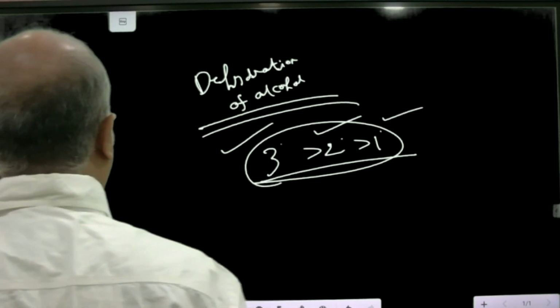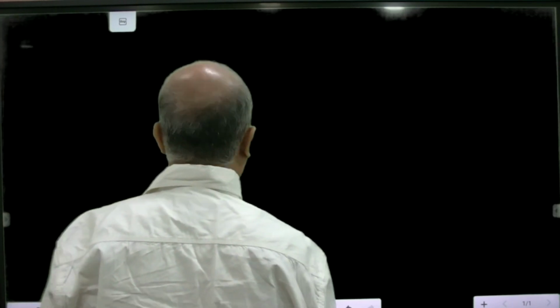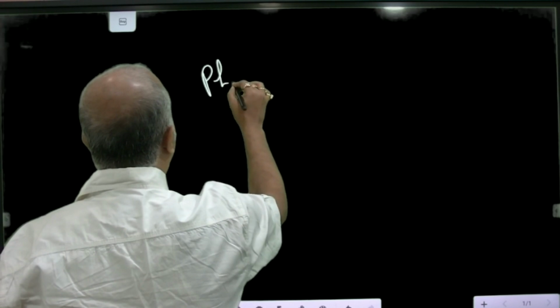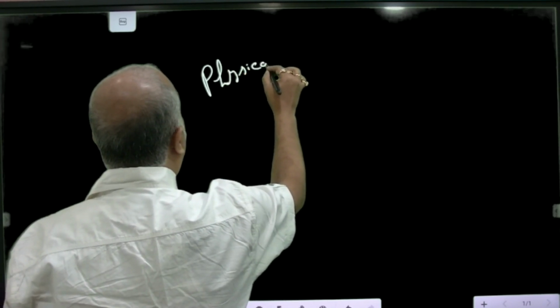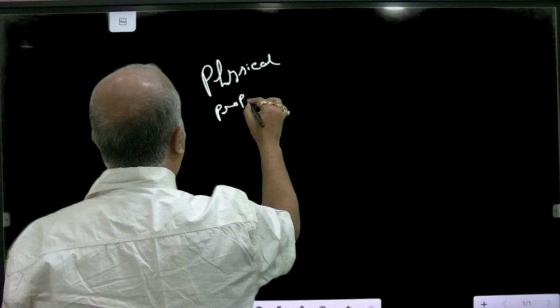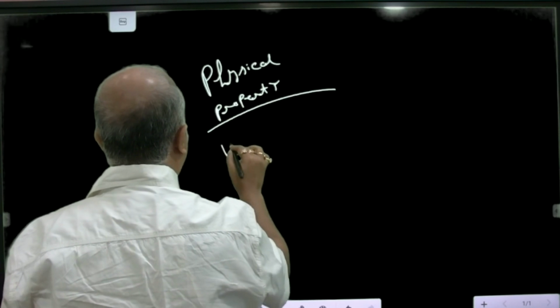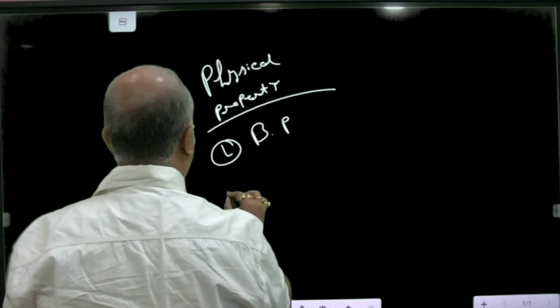Next one, physical property of alcohol. One is BP, in short, that is boiling point.